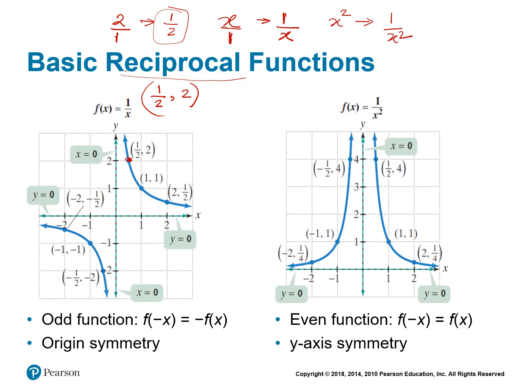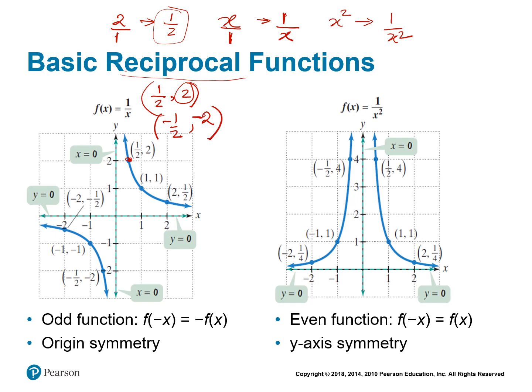What the odd function rule says is, if we replace the 1/2 with a negative half, then the y value is also going to become negative 2.